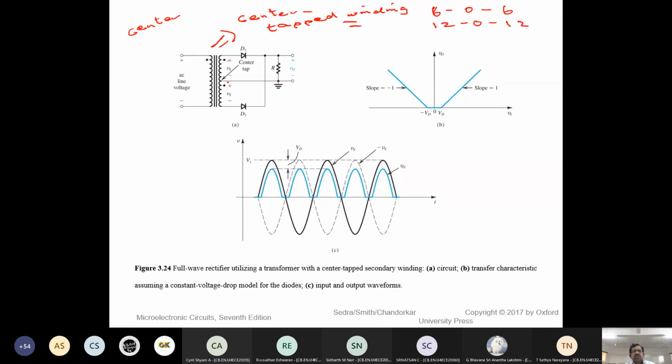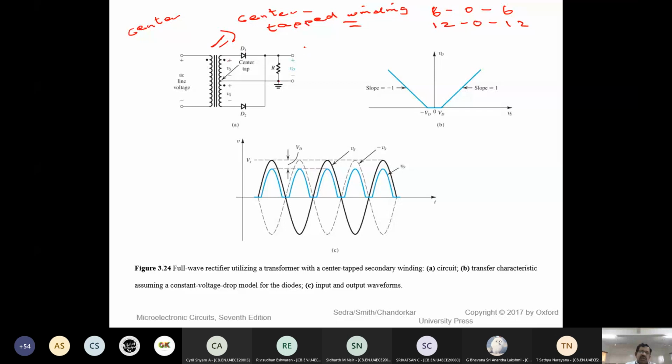Now what is the advantage over here? The advantage is that when I use that kind of transformer, we can actually get only one diode on. Okay, so let us talk about this. If you understand this center tap transformer, then you will see that in one half of the positive input cycle, here it will be plus, whereas as far as this diode is concerned, that will be in the reverse bias.